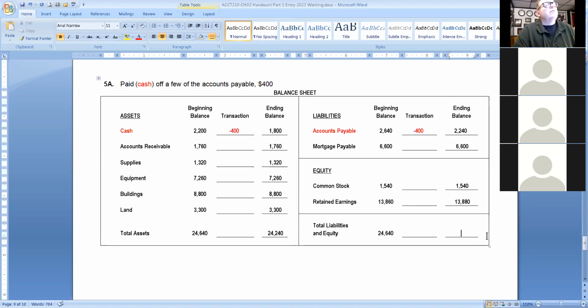Why is it off? Ah, right here. See what I did wrong there? It's 13,860. I put 13,880. See, that's why I add them up. So when I do silly things, I can find them.